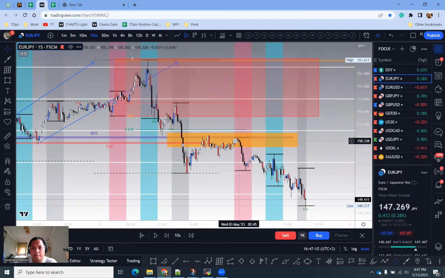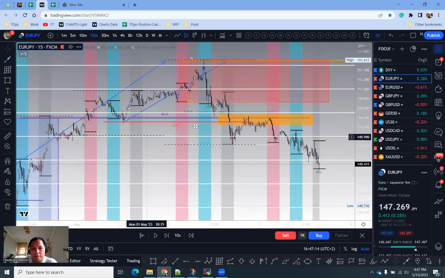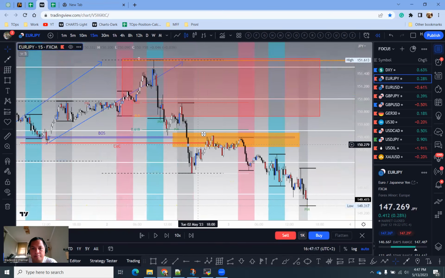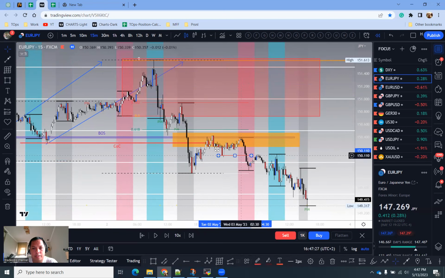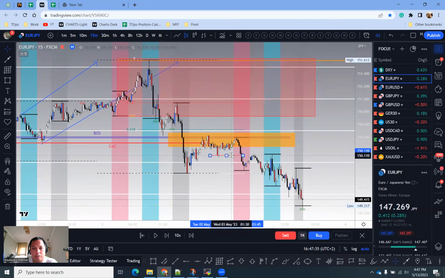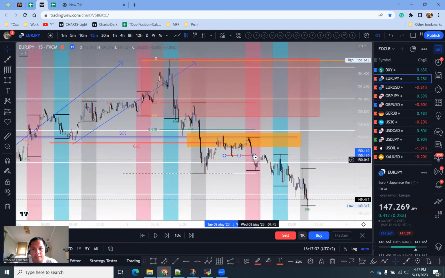So, not really a good example, but as you can see, nag-respect yung price sa inflection point na yan. Bam! Reject and then boom. Boom. So, as you can see, it goes to show that the price is really rejecting this area. And it's indicated also by this continuation of the break of the structure to the downside.